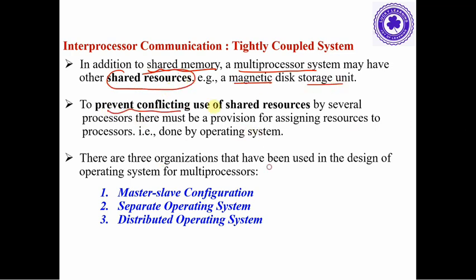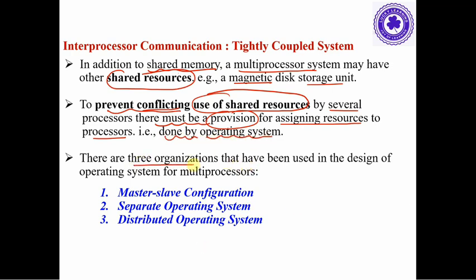When multiple processors access the shared resources simultaneously, there may be a possibility of conflicts. To prevent conflicting use of shared resources by several processors, there must be a provision for assigning resources to the processors. Actually, assigning resources to the processors is done by whom? It is done by an operating system.